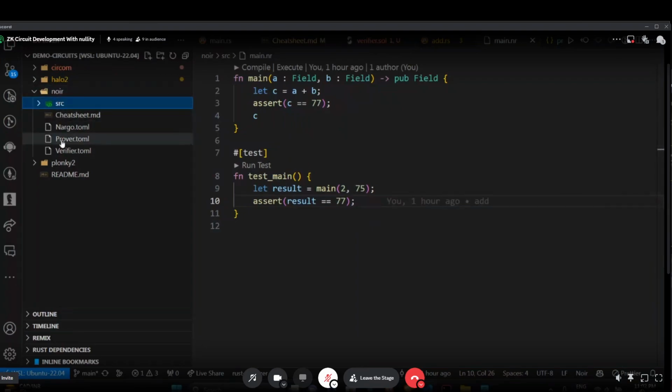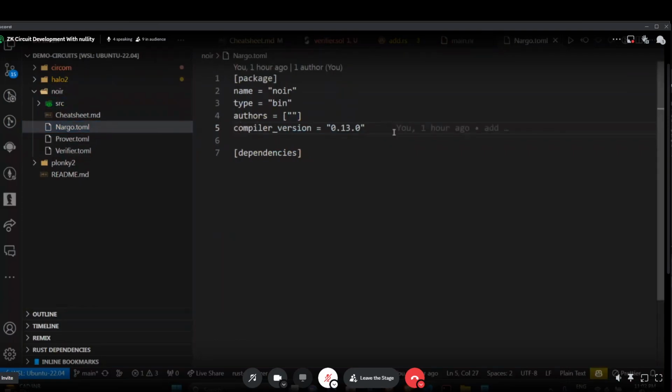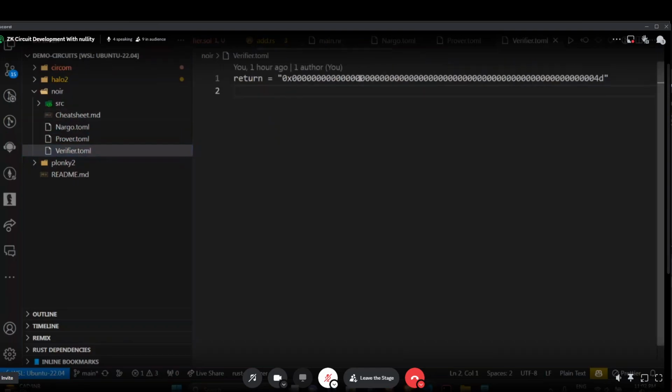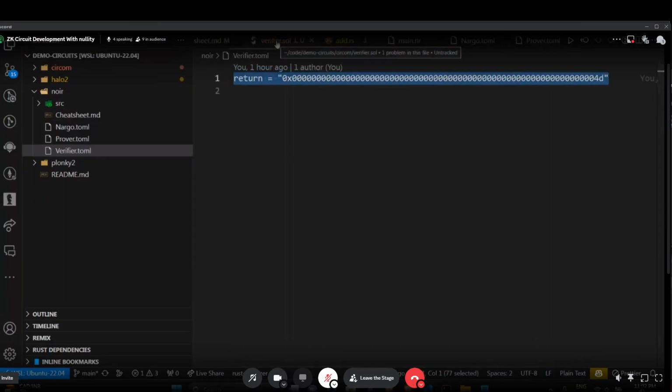If you check the directory structure of Noir, there is the Nargo file where you have just basic information, and then you have your prover file where you specify your inputs. So A and B, I'm giving here as 4 and 73. And the verifier file, because we say that C has to be equal to 77.